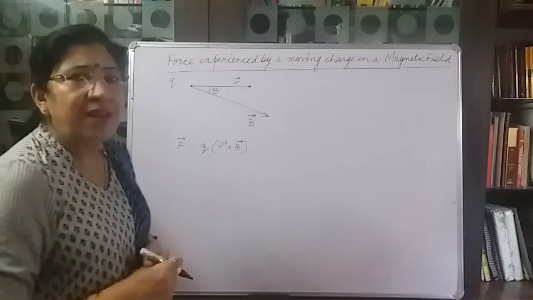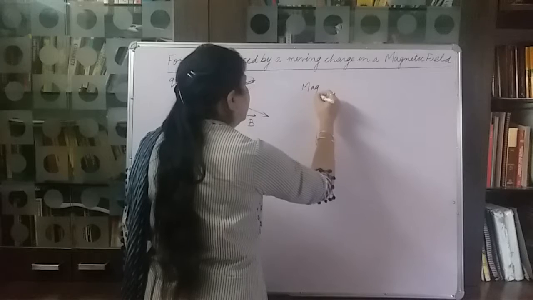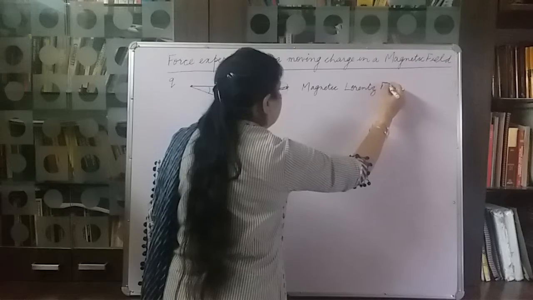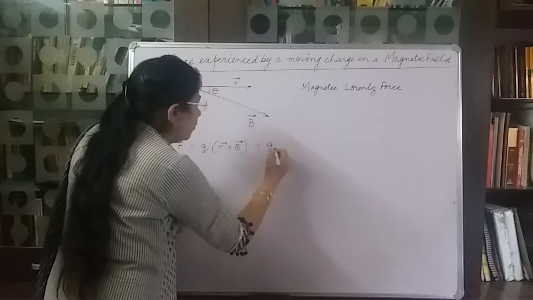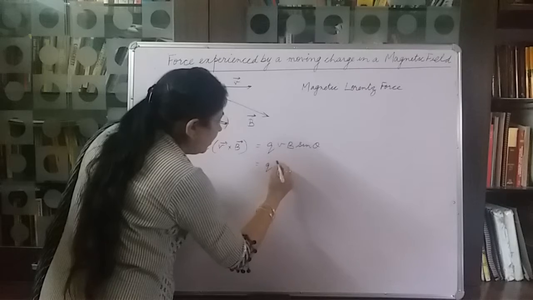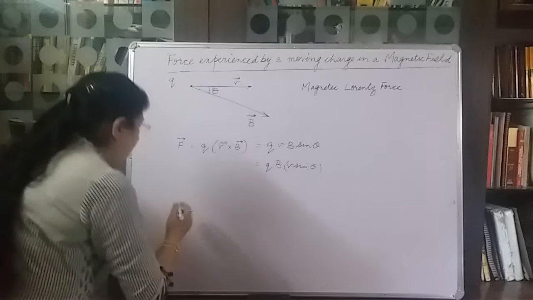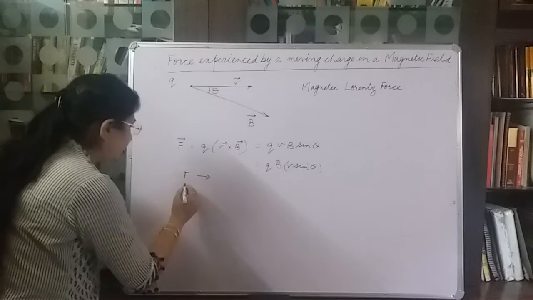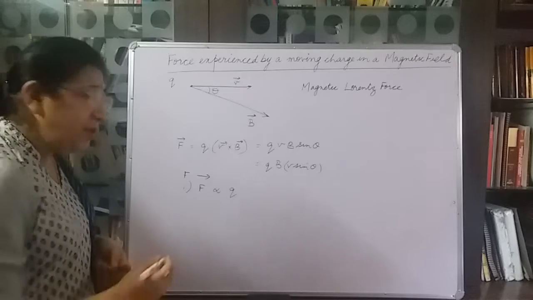This expression was derived by Lorentz and therefore this is called the magnetic Lorentz force. We can write this expression as Q V B sine theta. This means that F is proportional to the magnitude of the charge.